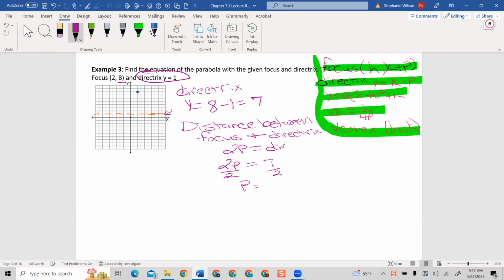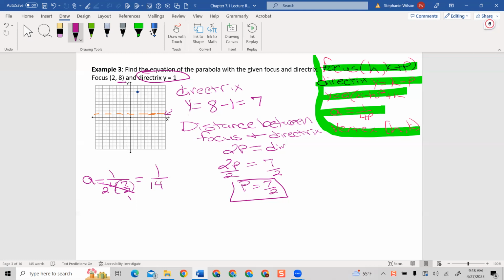And now my p is 7/2. Now that I know this, I'm going to come over here and say, okay, a equals 1 over 4 times p, which is 7/2. Well, I'm going to save myself some extra work because I see the 4 and the 2 reduce. So now I'm left with 1/14. So I know what a is.